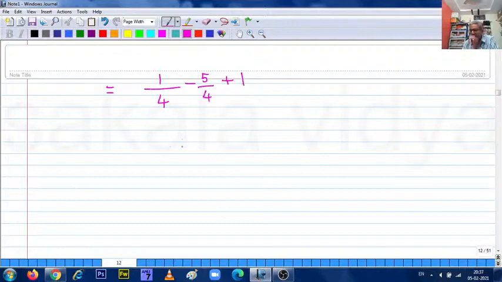Next take the LCM. 4 is the LCM. 4 fours cancel 1, 4 fours cancel minus 5, 4 ones are 4.